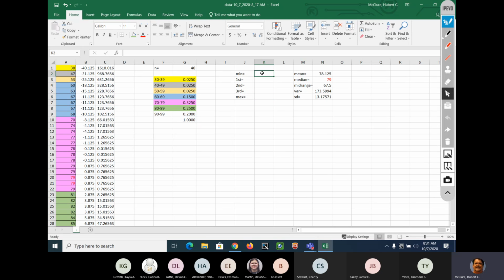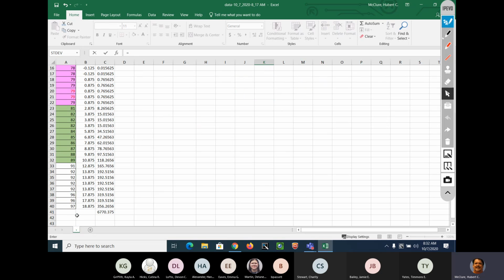The mean is equal to this. Now, you should get that one. We'll color that one yellow. Well, I don't have to color them. The second, what's the second? The median. And then we'll color that red. And the max is equal to the maximum number.